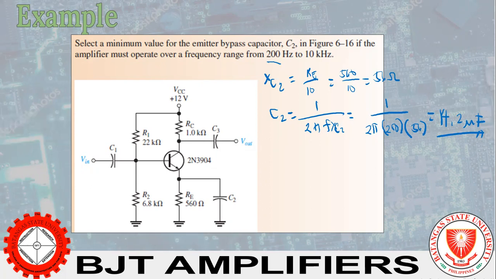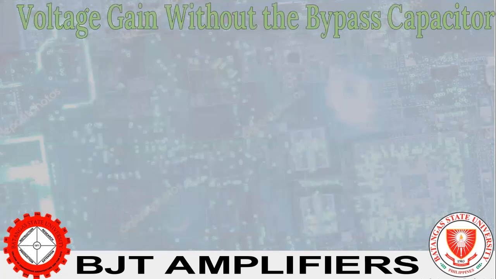Okay? So, next. So, yung voltage gain natin without the bypass capacitor. So, anong mangyayari sa voltage gain natin kapag walang bypass capacitor? Kasi minsan, kung pwede kasing wala na lang yun, kasi sino-short din naman natin. So, yung magiging formula natin, RE is seen by the AC signal between the emitter and ground effectively. So, effectively, add natin yung ating RE prime.